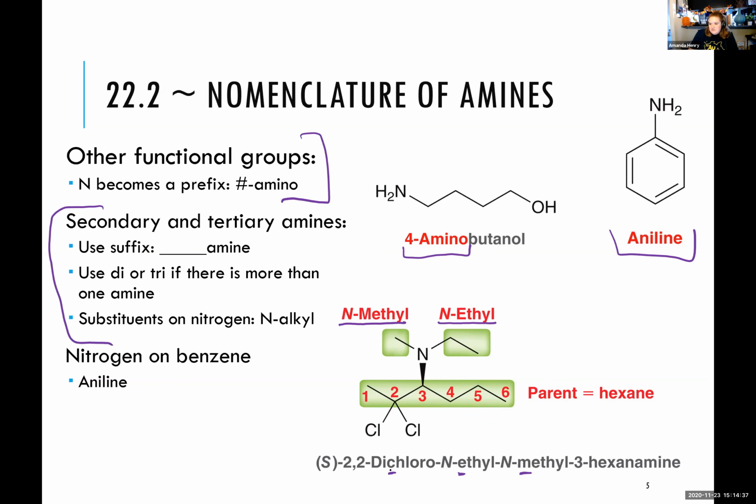We don't use di, tri, or tetra. And the fact that they're attached to a nitrogen doesn't affect the alphabetizing. That's what we call a locant. It's telling us where it's located, but it doesn't affect that alphabetizing. So I saw a handful of people either put it in the very front or the very back, but didn't actually alphabetize them. So just to point that out.